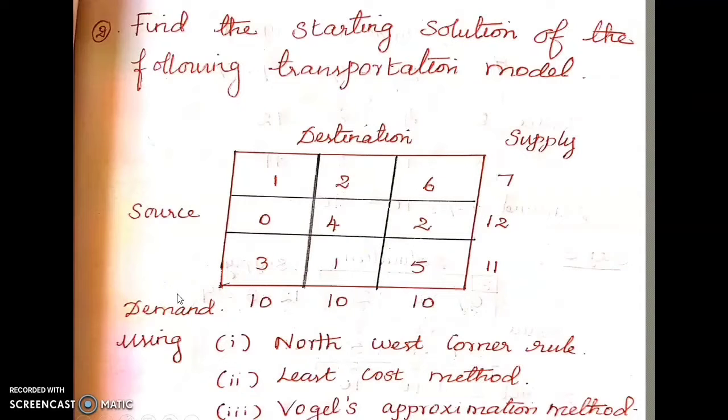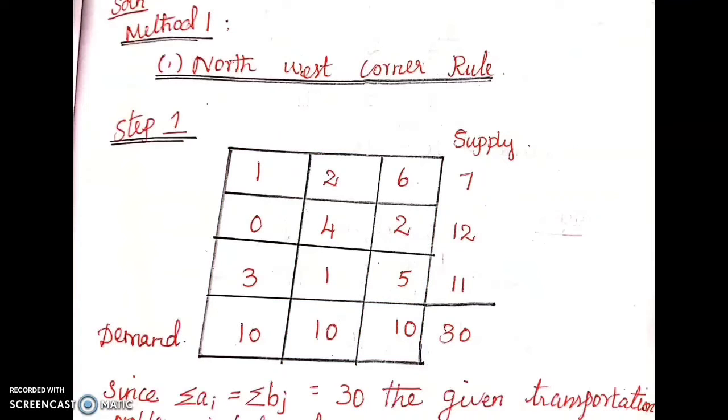So before proceeding with the northwest corner rule, we are going to check whether the given matrix is balanced or unbalanced. So rule 1 is we are going to check whether the given transportation problem is balanced or unbalanced.